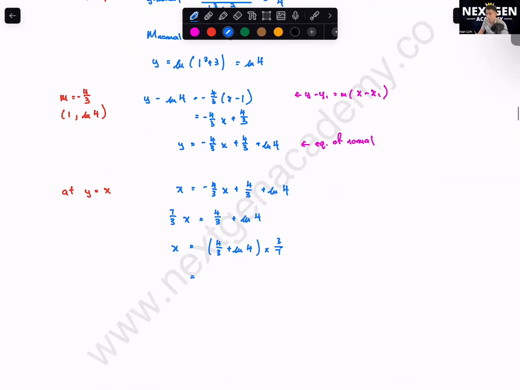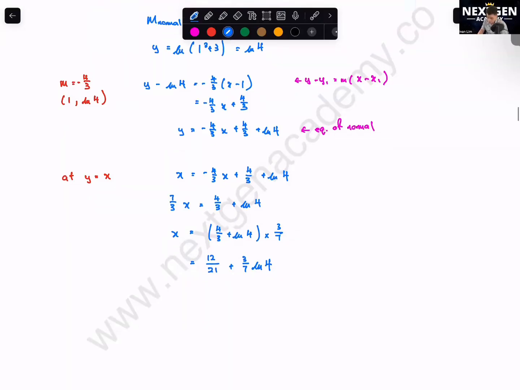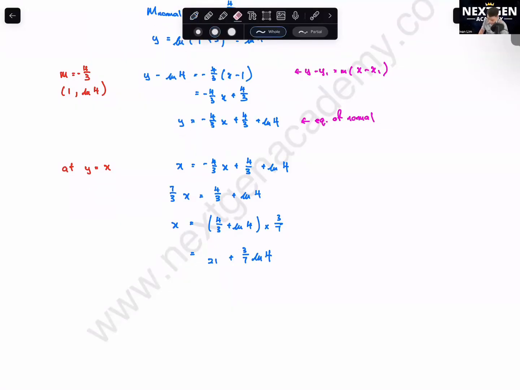Multiply 1 by 1, you get 12 over 21 plus 3 over 7 ln 4. 12 over 21 can simplify, actually. So 4 over 3 times 3 over 7, we get 4 over 7. So x is 4 over 7 plus 3 over 7 ln 4.